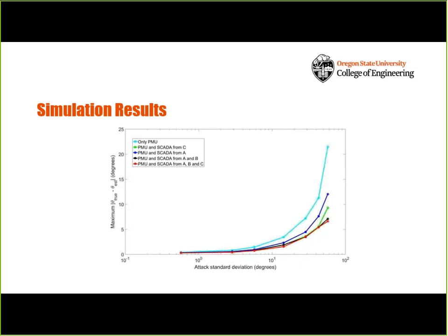So this is the maximum absolute angle difference between the estimated PMU vector and the true PMU vector. The light blue plot corresponds to using only PMU measurements and recovering the PMU data vector.